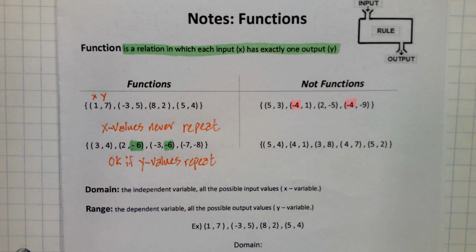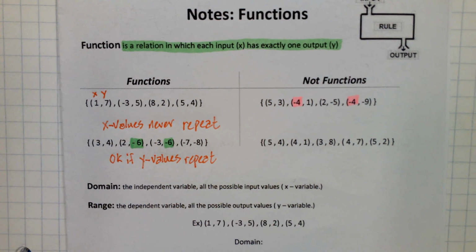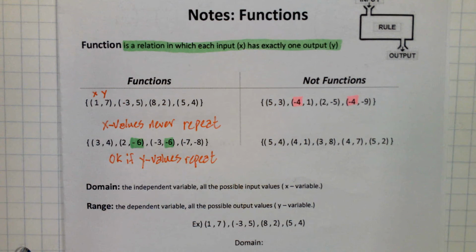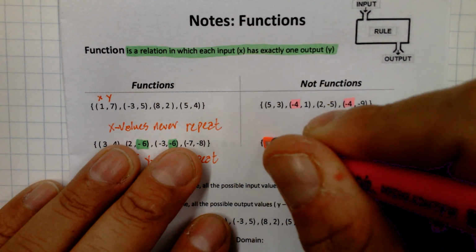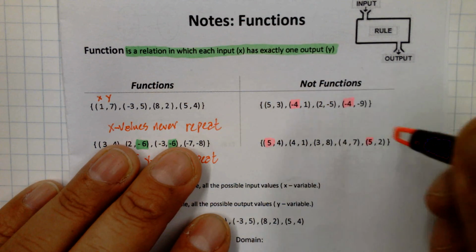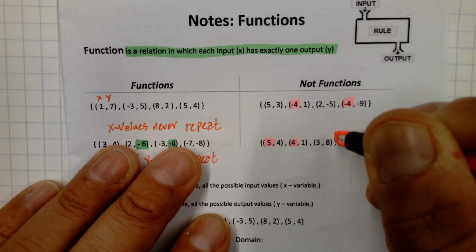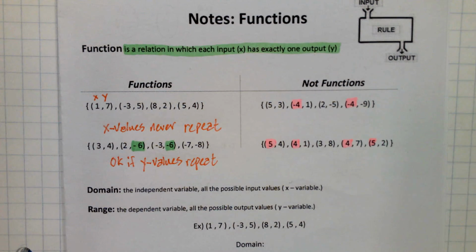Let's find out what makes the second set not a function. What do we have repeating? We got 4s and 5s, right? 5 here, 5 there, repeating. 4 here and 4 there, repeating.